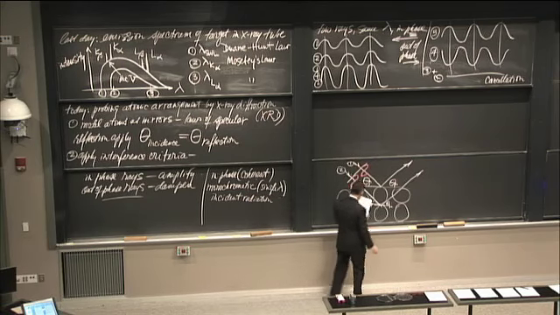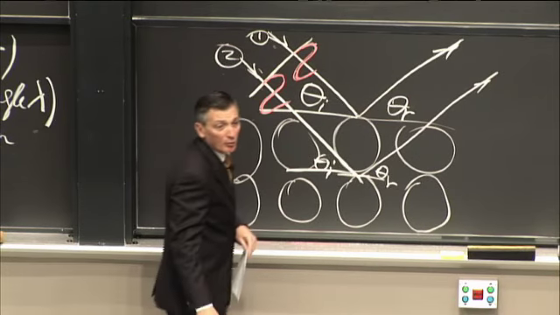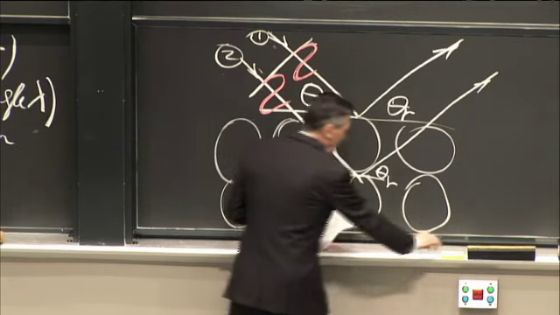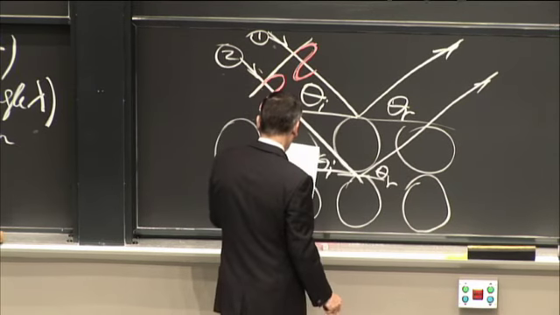But now things get interesting because you can see that ray number 1 travels a shorter distance than ray number 2. And we can put on some coordinates here and mark the geometry.